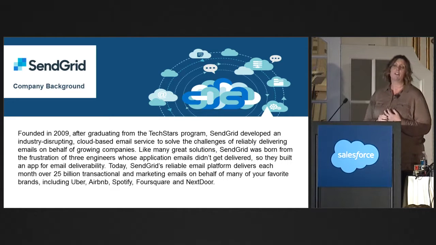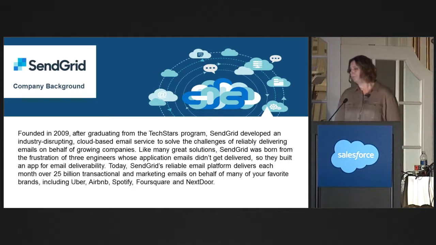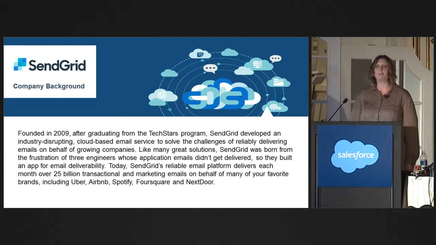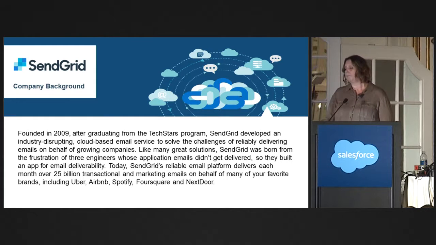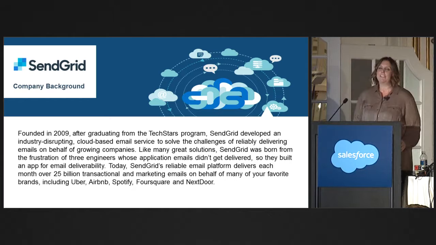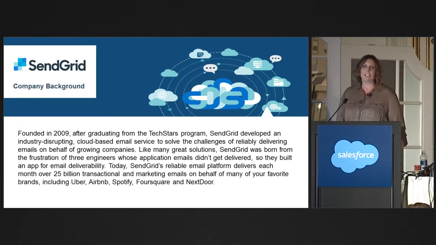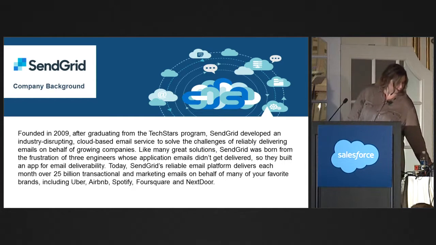Today, with our transactional and marketing emails, we send over 25 billion a month. And some of our customers include people that I'm sure you've heard of: Spotify, Uber, Airbnb. We actually send more emails a day than Twitter sends tweets. Just a little fun fact for you. And we like to say that we make sure the email that you want to get delivered actually does get delivered.